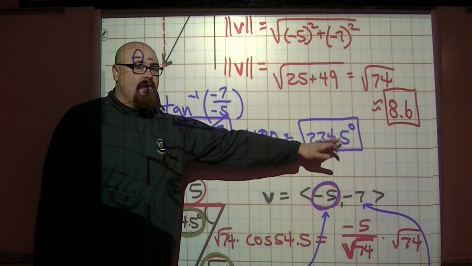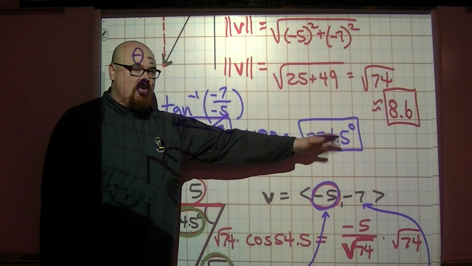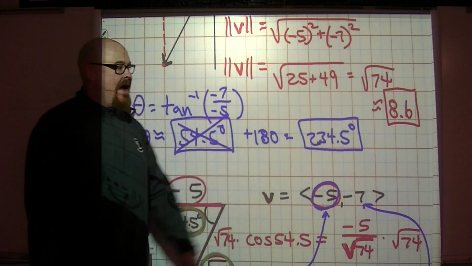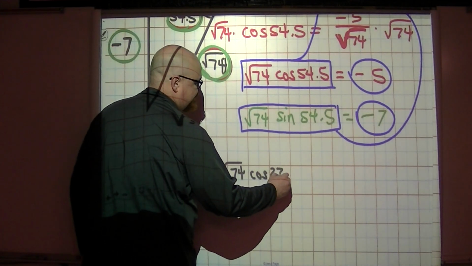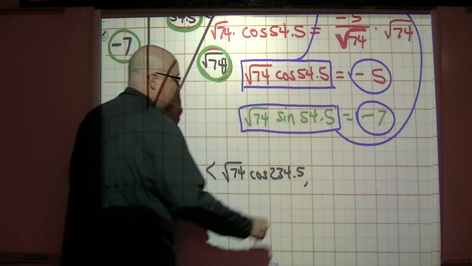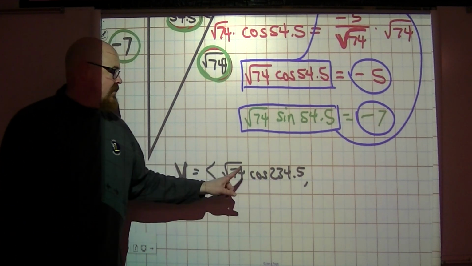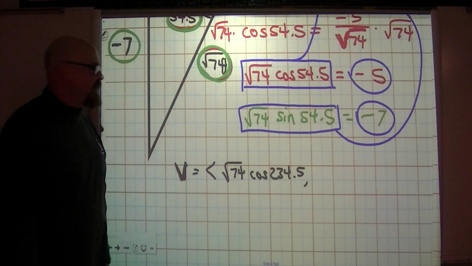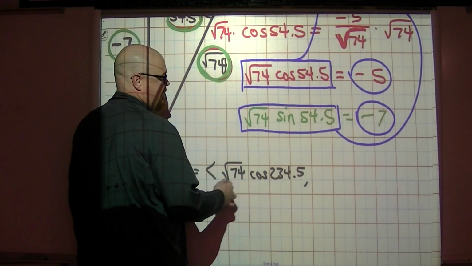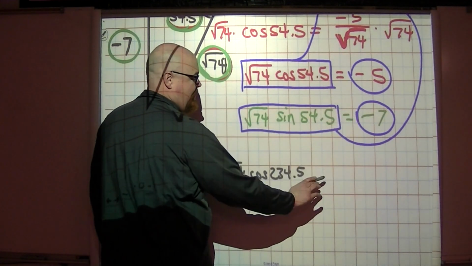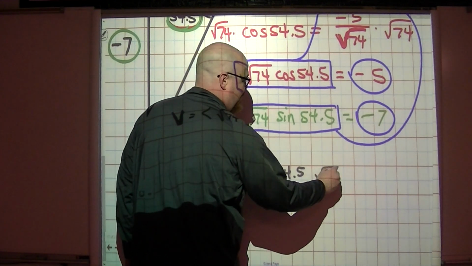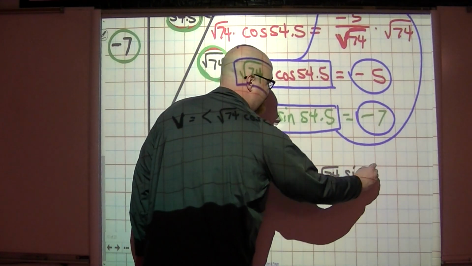This is actually the direction angle of the vector, right? If you saw the previous video, then you remember that 234.5, that's what I have to put here. The actual direction angle of the vector, and the magnitude of the vector. And this is in place of just that number -5, and then in place of the number -7, which was the second component, I'm going to put this.